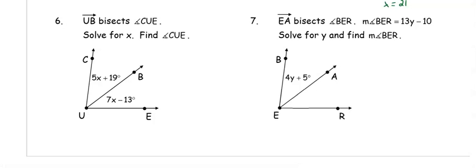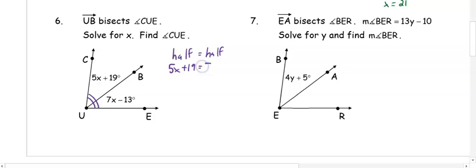In number 6 and 7, we have angle bisectors. So UB bisects angle CUE. So if these angles are congruent, CUB is half of the angle and BUE is half of the angle. So if we have a half equal to a half, 5x plus 19 is equal to 7x minus 13.